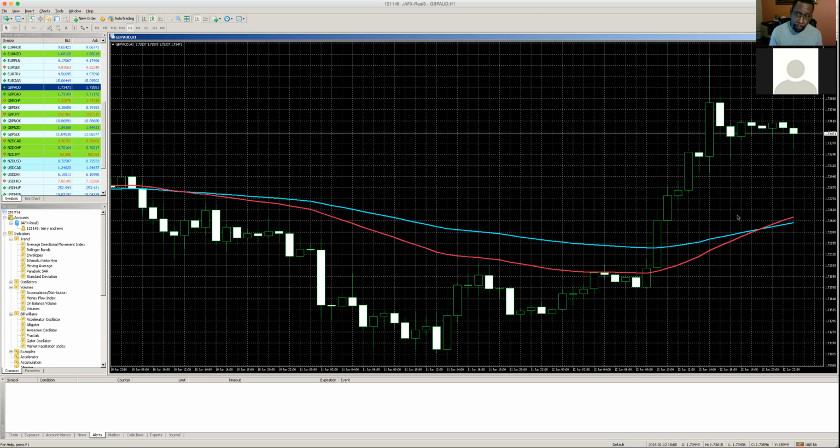The next one, the British pound against the Swiss francs. Number 7 is the euro against JPY. Number 8 is the British pound against the US dollar. And the last one is the euro against the Canadian dollar.